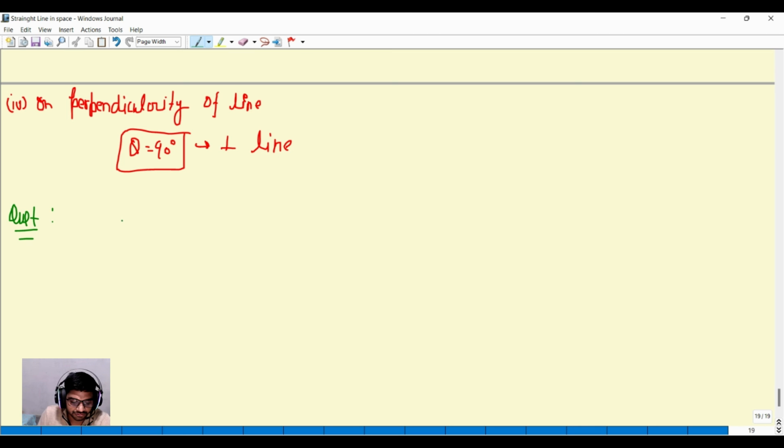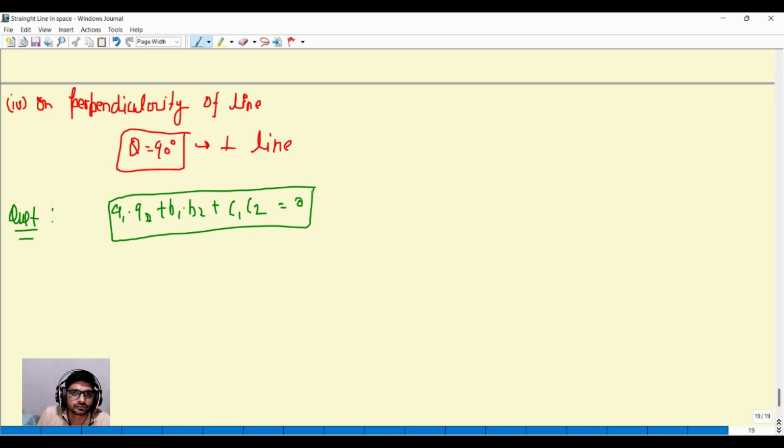If the two lines are perpendicular, then the values of a1 a2 plus b1 b2 plus c1 c2 equals 0. This will give out the result.